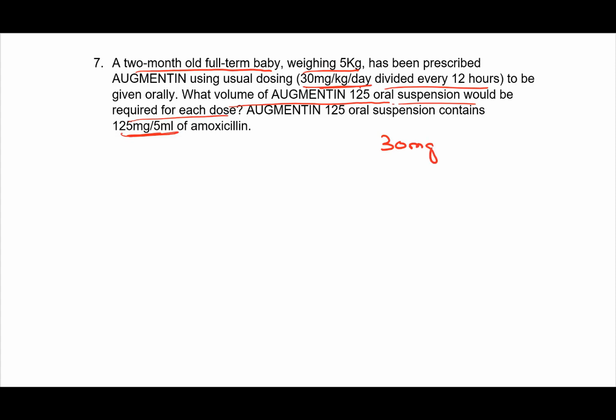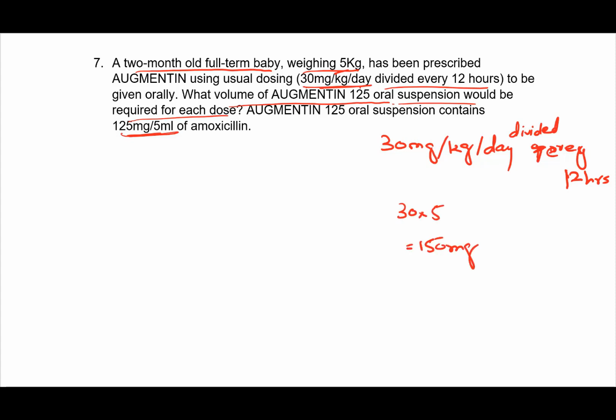30 milligrams per kg per day, divided every 12 hours. The patient weight is 5 kg, so 30 times 5 is 150 milligrams per day, and that has to be divided every 12 hours.